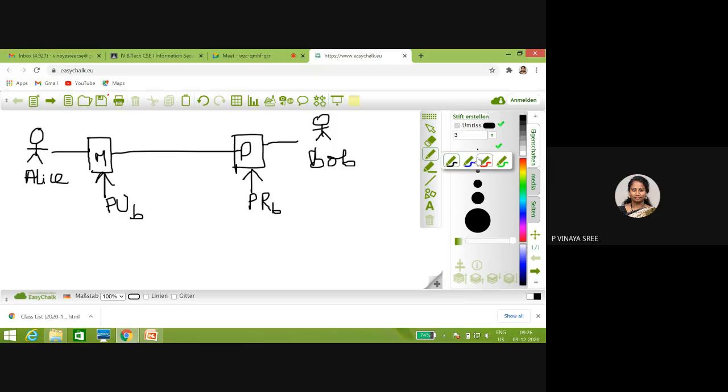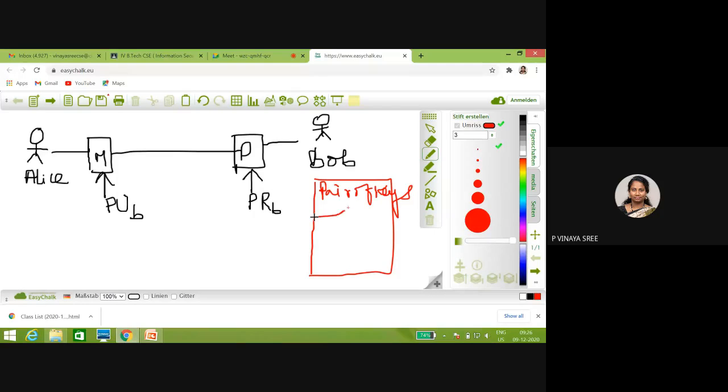First question: what does Bob have to do? Bob has to create a pair of keys, and Bob has to broadcast the public key. This public key has to be shared in one centralized directory or some registry.